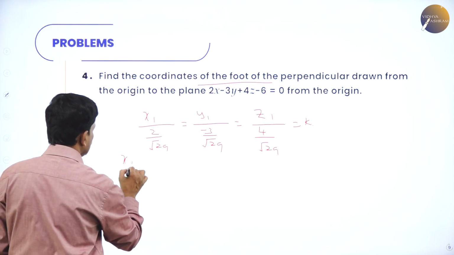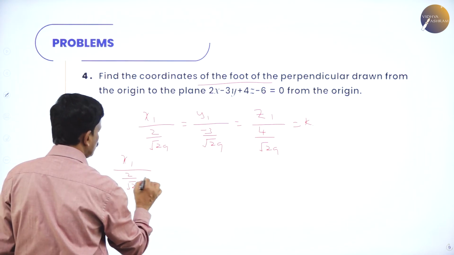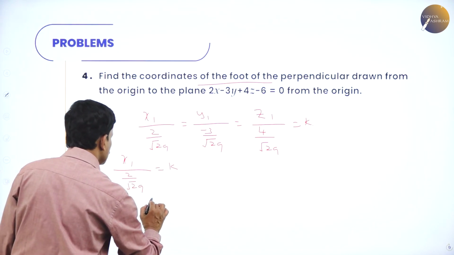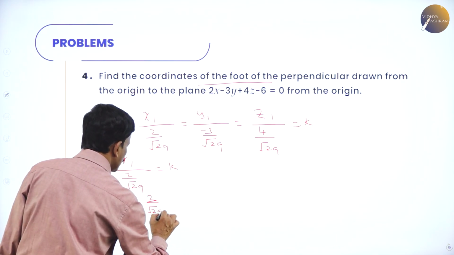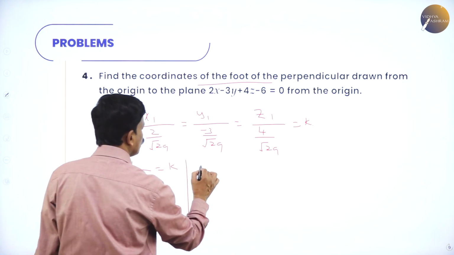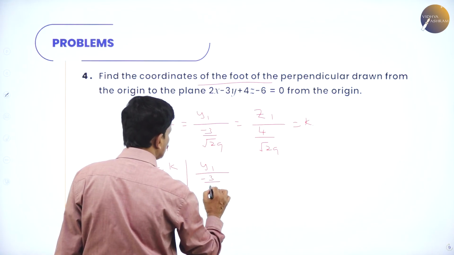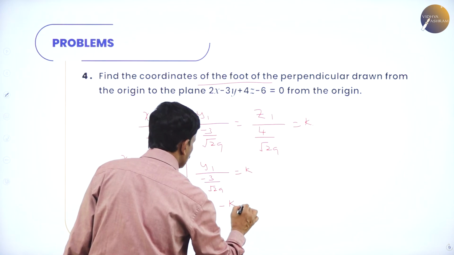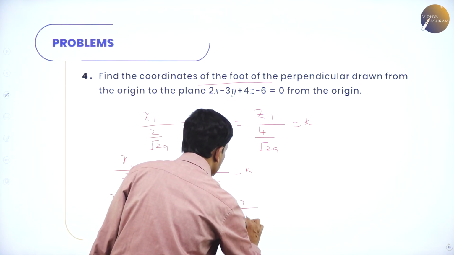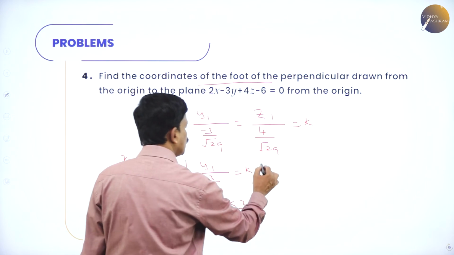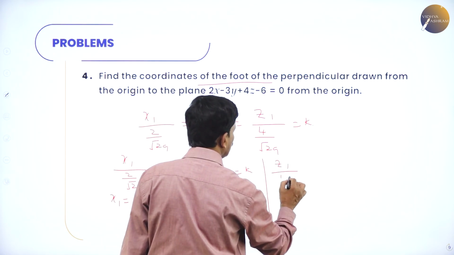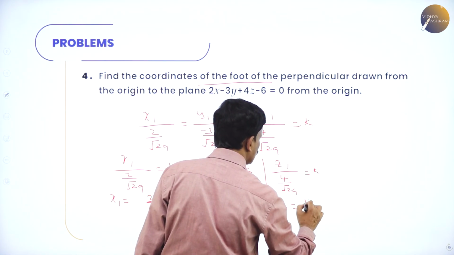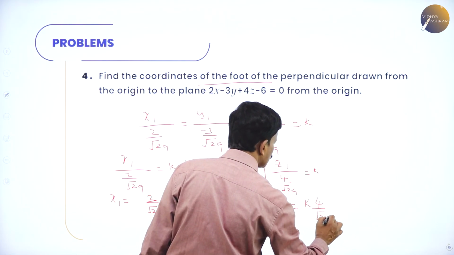So from this, x1 divided by 2 by root 29 is equal to k. Cross multiplied, x1 is equal to 2 by root 29 times k. Similarly, y1 divided by minus 3 by root 29 is equal to k, which implies y1 is equal to minus 3k by root 29. And similarly, z1 by 4 by root 29 is equal to k, which implies z1 is equal to 4k by root 29.